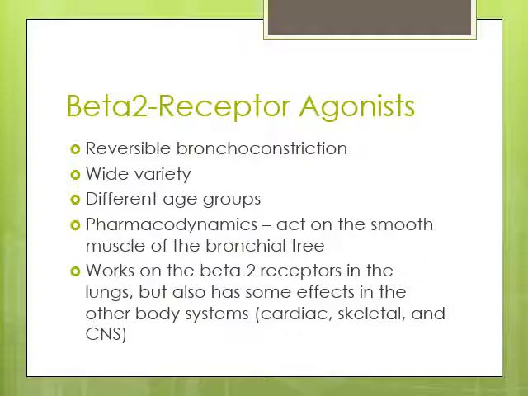Because when you understand this, it helps you determine your drug selection and anticipate adverse drug reactions. Some age groups you may want to avoid with certain medications because of this consideration.